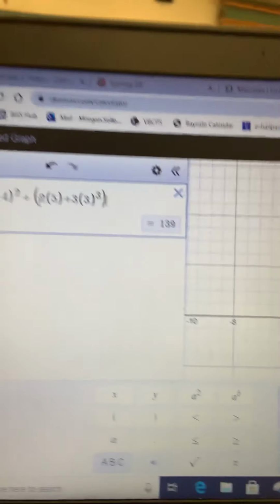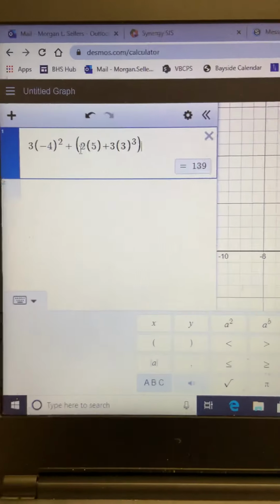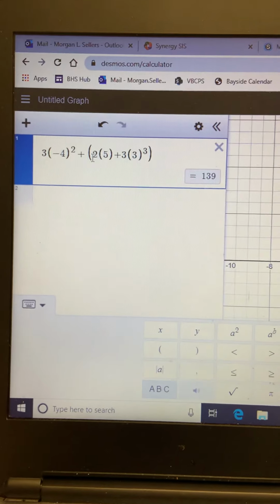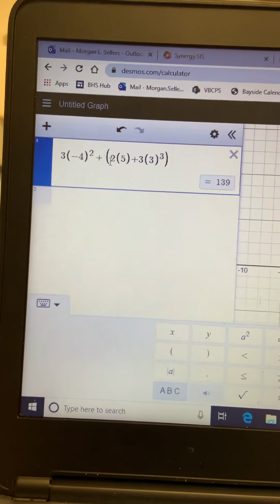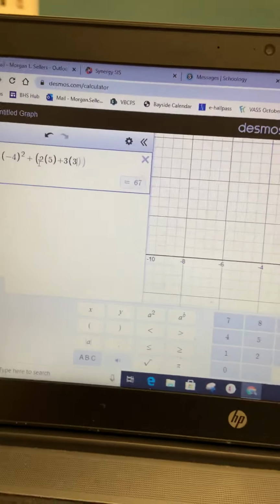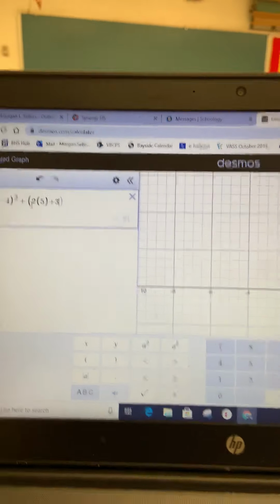Okay, so I got 130, now, I did something wrong here. Let me see, 2 times 5 plus, you know what, I didn't need that, plus 3 cubed.